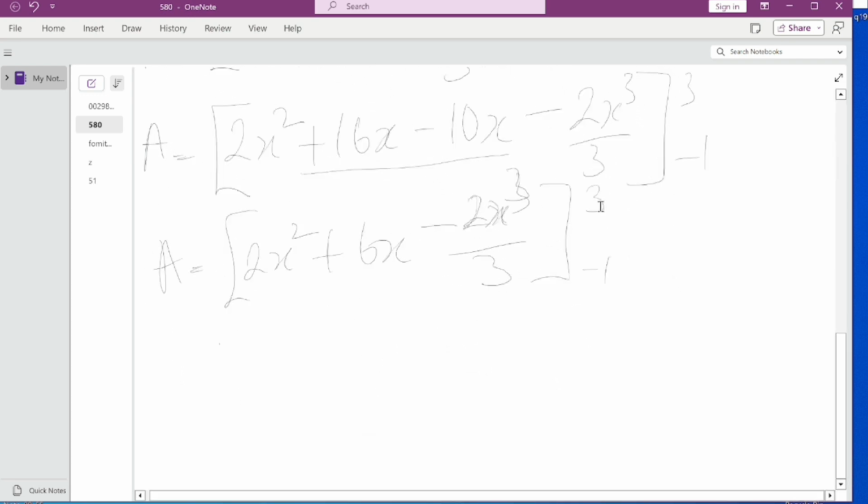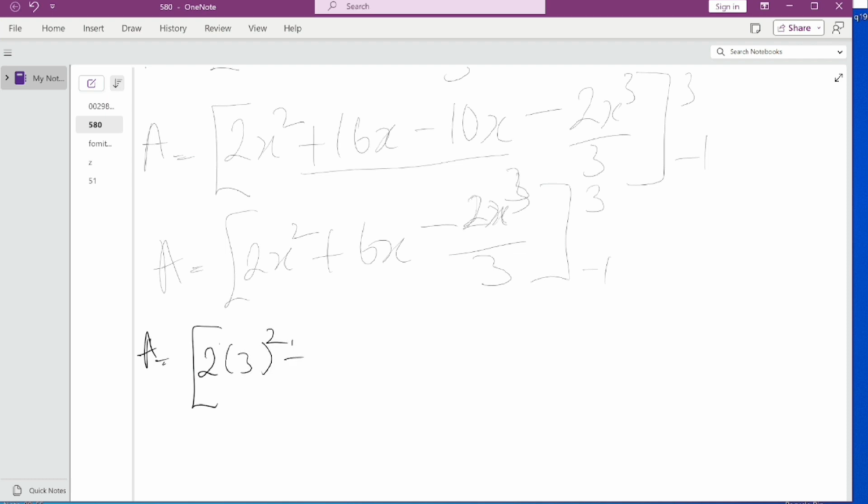We'll put our limits. Since our limits represent the x coordinates, we insert them and use them in solving. Our area is therefore going to be, for the first part, 2 times 3 squared plus 6 times 3, that's 6x, minus 2 times 3 to the power of 3 over 3, for the first part. Minus, still the same thing using the minus 1 now.